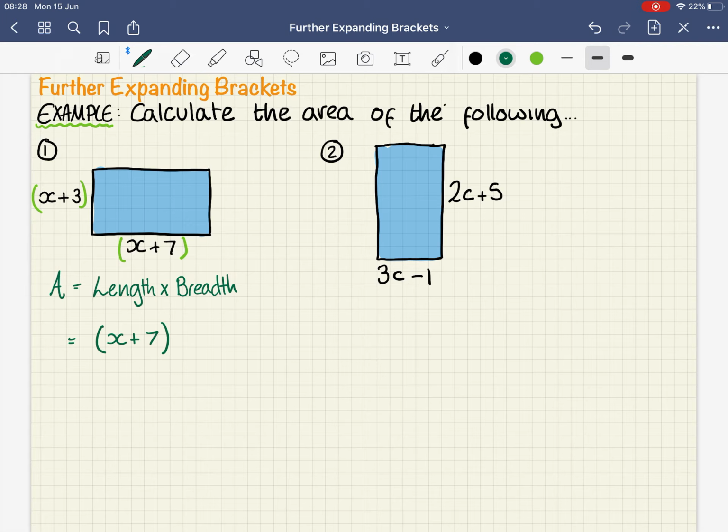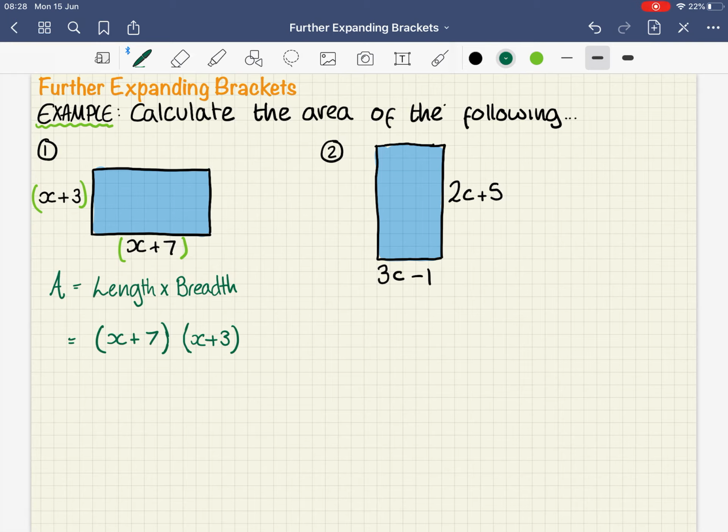Now, I can put a little times sign in here, but the fact that I have brackets directly next to each other already means they're being multiplied, so I don't actually need that. So I can see here, I've got two brackets next to each other, and realistically the rest of my question should say simplify your answer.